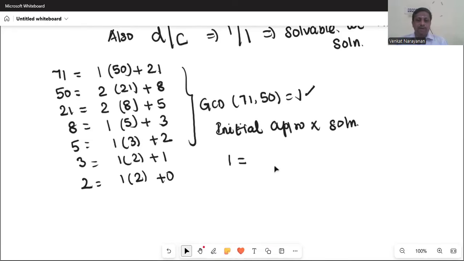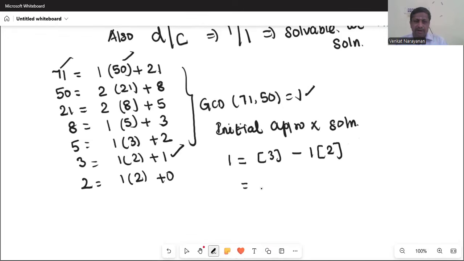So now we can write 1 as 1 times 3 minus 1 times 2. I wrote this from the equation. Now I want to replace this 3 and 2 by 71 and 50.